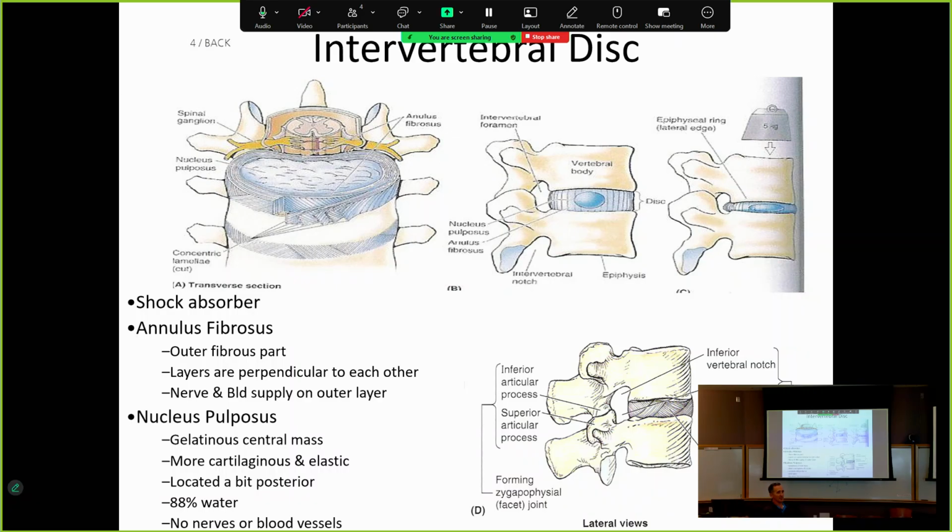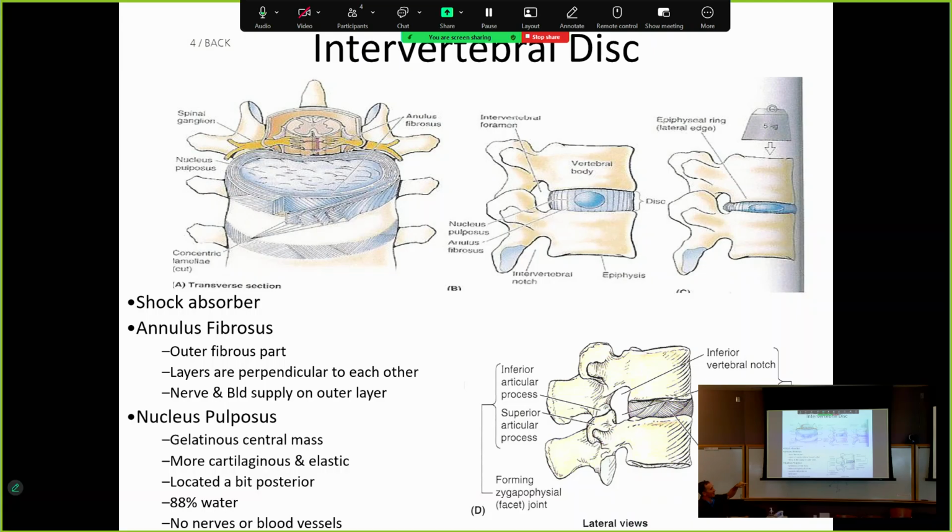But how many intervertebral discs do I have? 23. So why not 32? Well, the sacral and coccygeal are fused, so those aren't intervertebral spaces with discs. But that would still only bring me down to 24. Where's the last one? C1, C2 doesn't have an intervertebral disc. But everybody else does. And it looks like this with some variation.